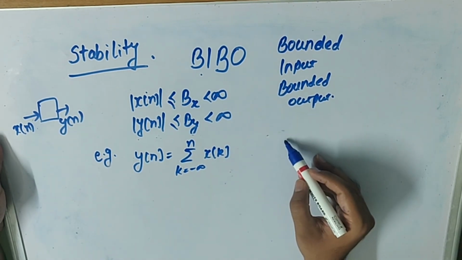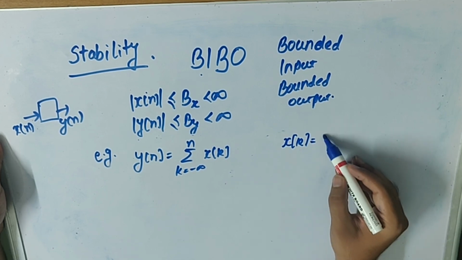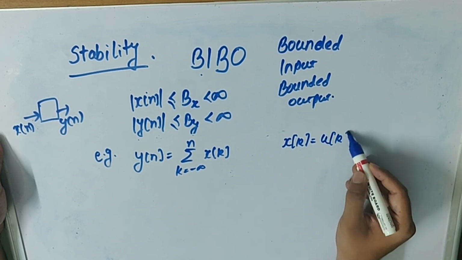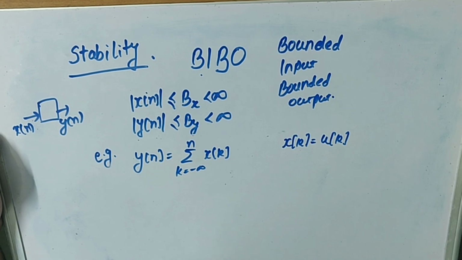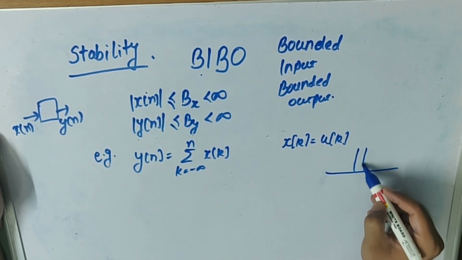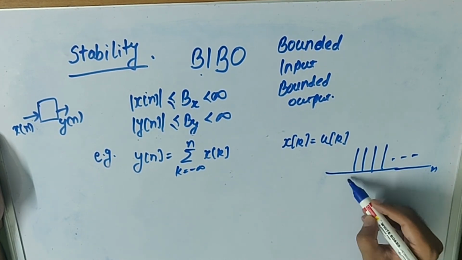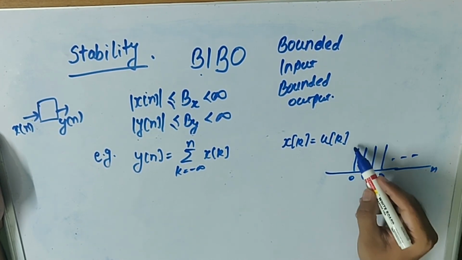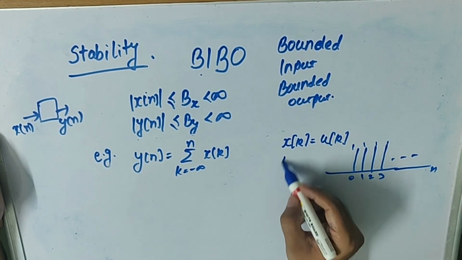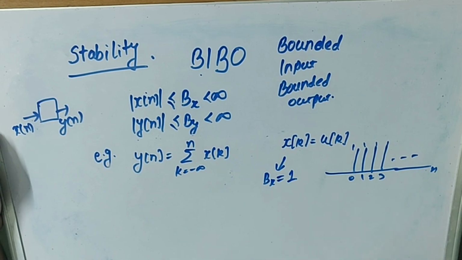Let's assume that x[k] is u[k]. Okay, so how it looks on a plot, something like this. This is n: 0, 1, 2, 3, these are all 1. So here we can say that my input is bounded by 1, so Bx is 1.